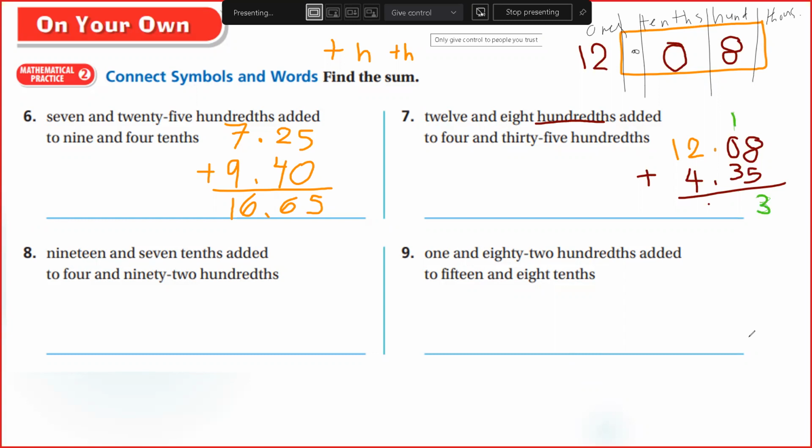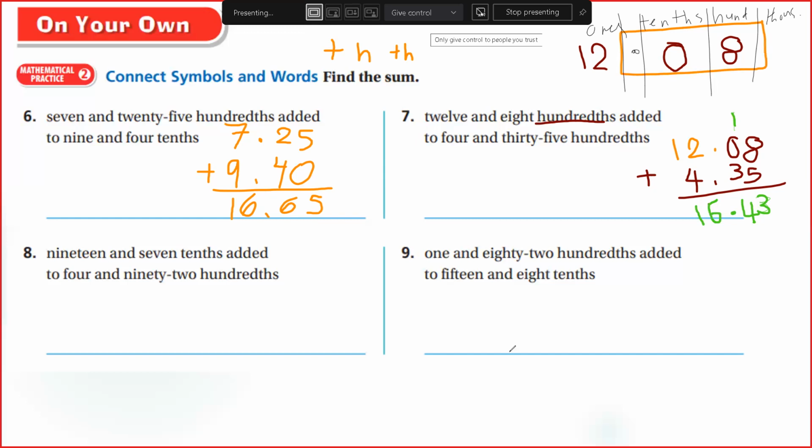Then 1 plus 0. 1 plus 3. 1 plus 3. Jumana. It's 4. Then you have to add the decimal point. Then 12 plus 4. 16. So it's gonna be 16.43.